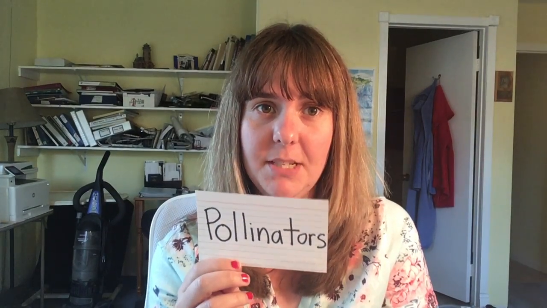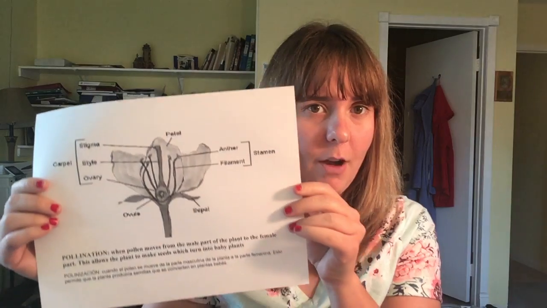Because when I planted the flowers, I just started with a seed, or just one flower. Where did all these other flowers come from? The answer is that these flowers were pollinated, and that's one of our vocabulary words, pollination.